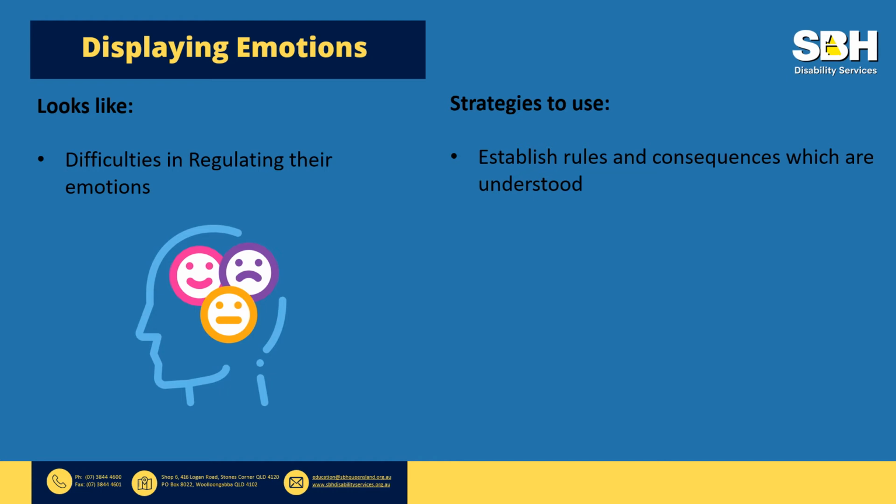The strategies that you could possibly use would be to introduce the concept of first and then, to encourage work before play. Establish rules and consequences which are understood and discussed, required behaviour before entering the situation, and rewards for self-control.